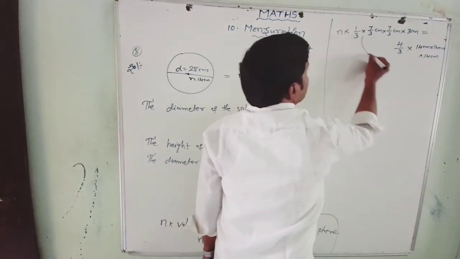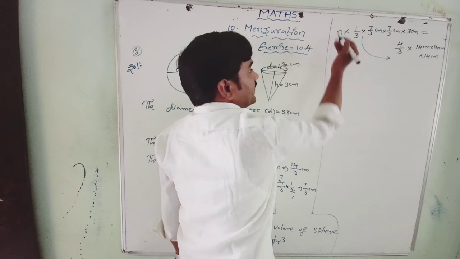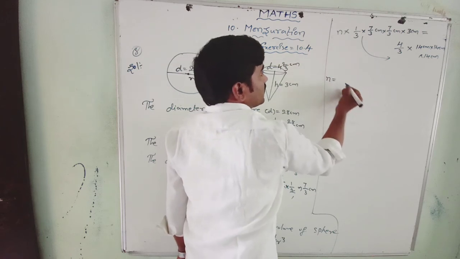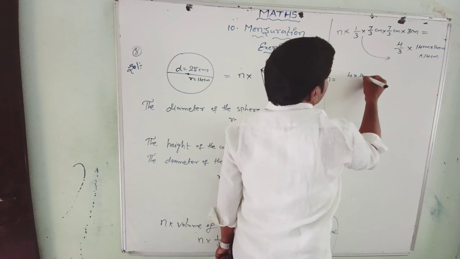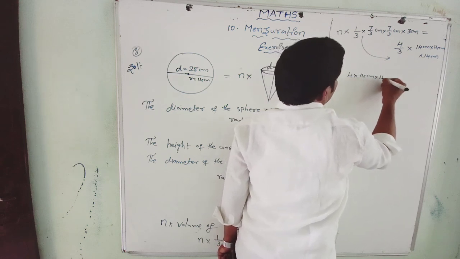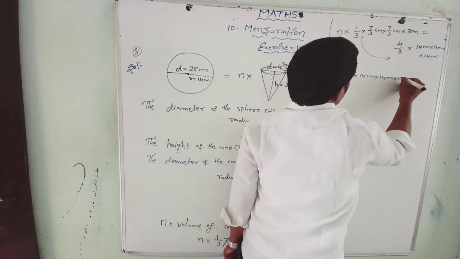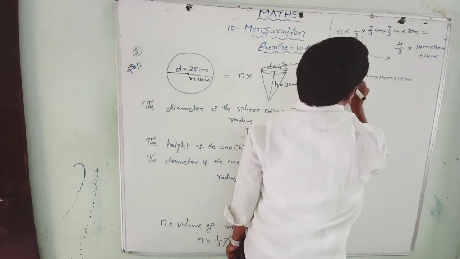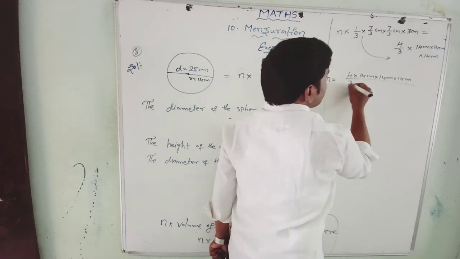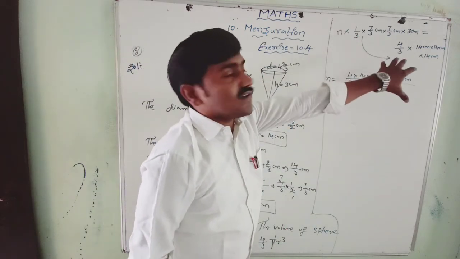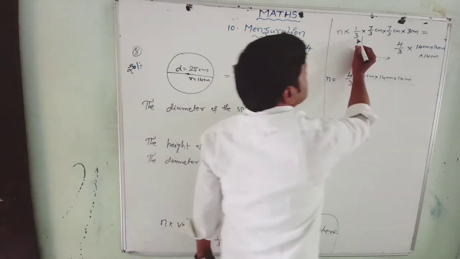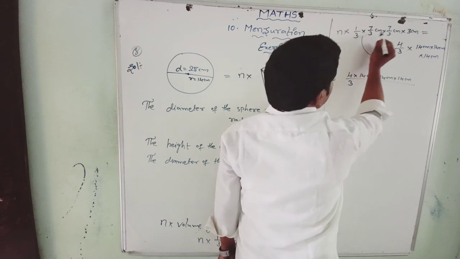Simple. Take all the numbers to the other side, except n; keep n alone. Write all the numerator parts here: 4 into 14 centimeters into 14 centimeters into 14 centimeters, by the denominator 3. So n's side is done. Now what we are transferring are these terms, 3 into 3 into 3.